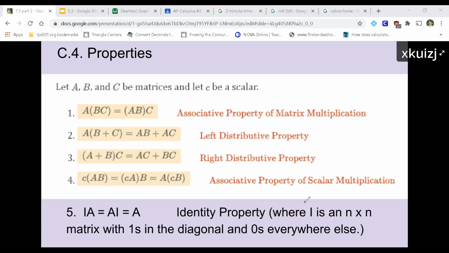The associative property of scalar multiplication still works just like you would figure. And there is an identity matrix for multiplication. It looks kind of weird though. It looks like this. Let's do it for a 3 by 3. Looks like that, where there's ones along the diagonal and zeros everywhere else.